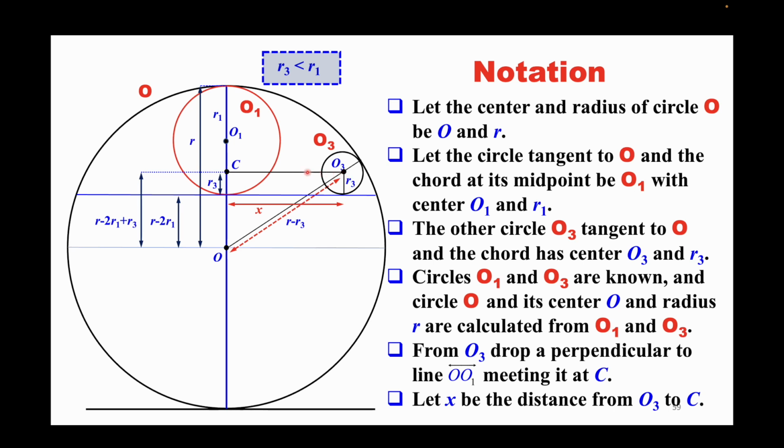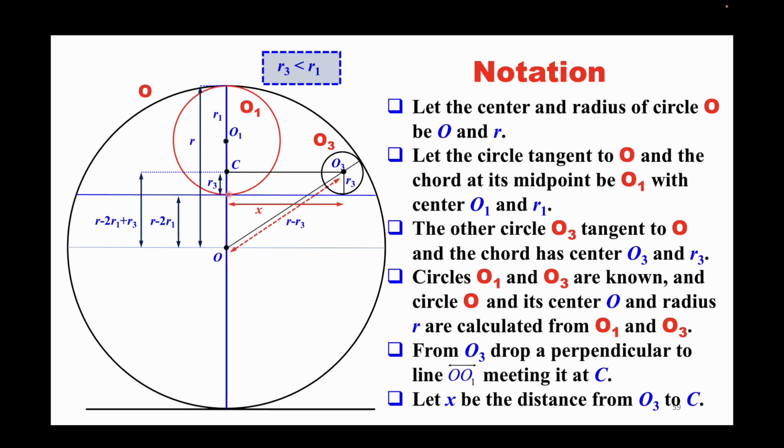From O3, let's construct a perpendicular to the line of O1, meeting the line at C. So we know this distance here is R minus 2R1. So the distance going from O to C is R minus 2R1 plus R3.